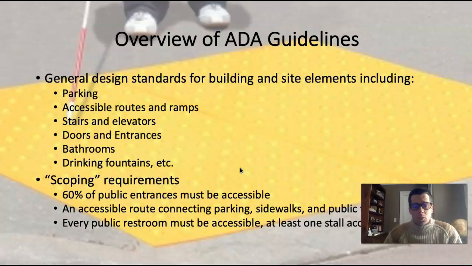We'll talk soon about what an accessible route is. Every public restroom has to be accessible, and then at least one stall inside the restroom has to be designed per specific ADA guidelines. So the entire restroom itself needs to be accessible, and then at least one stall inside that restroom is accessible.